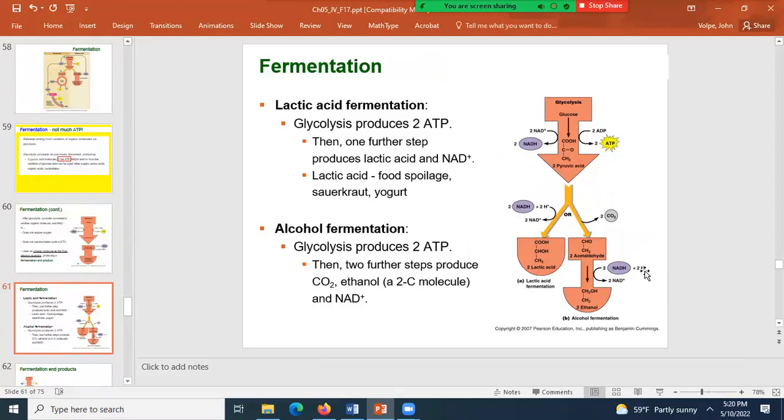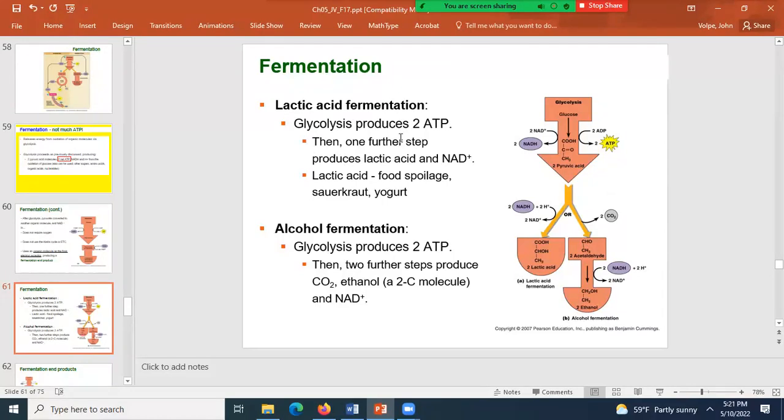So fermentation is where glucose is converted to pyruvic acid by glycolysis. And then in one or two fermentation reactions, the pyruvic acid is converted into the fermentation end product. We're going to talk about two fermentation reactions: lactic acid fermentation, which your muscle cells can do, and most cheeses use lactic acid fermentation.